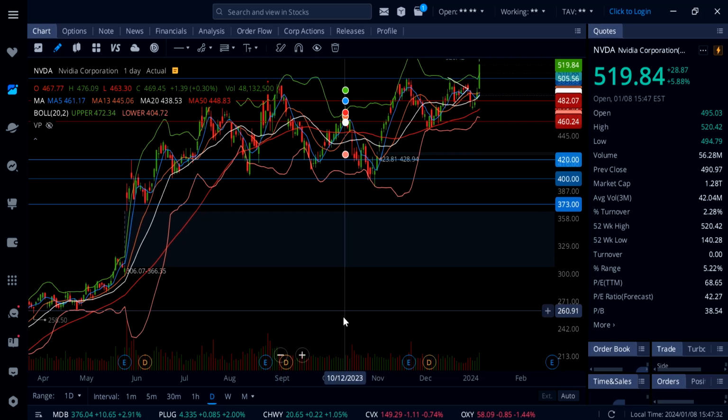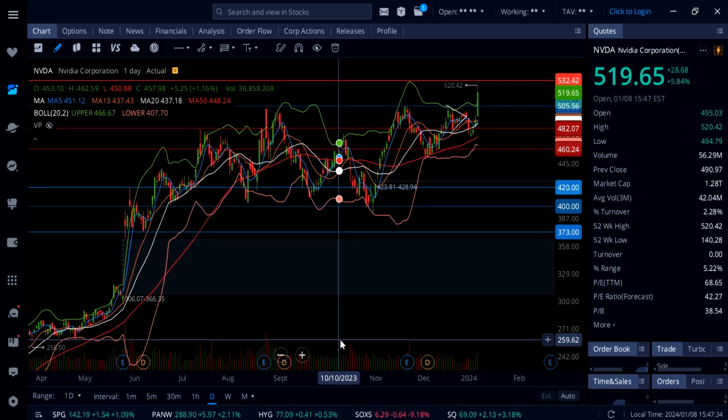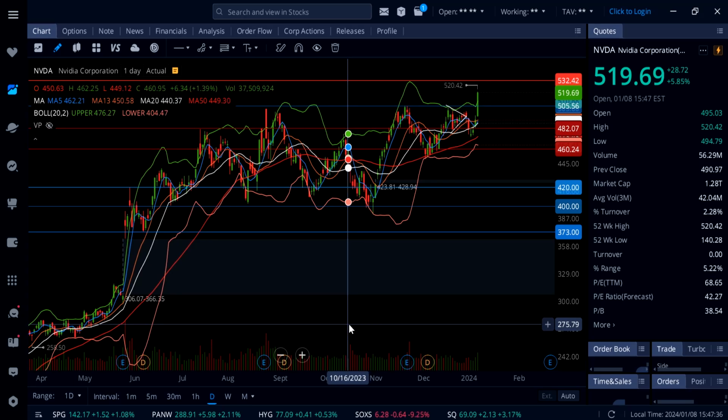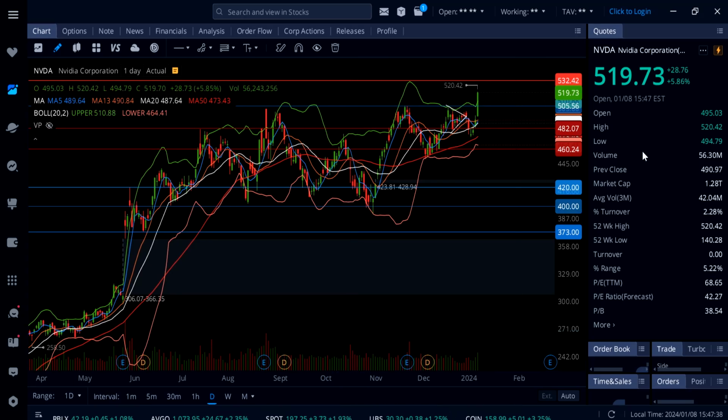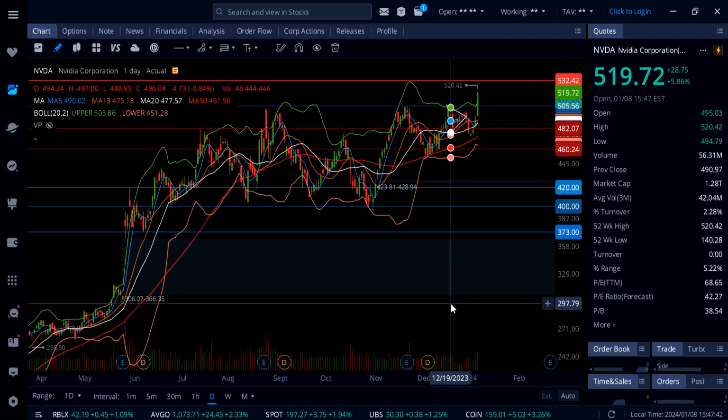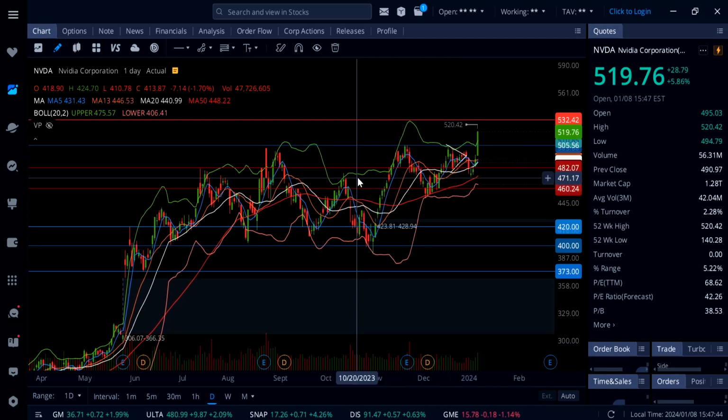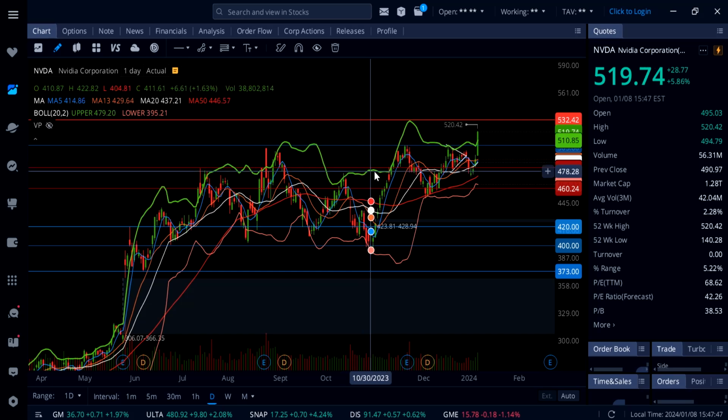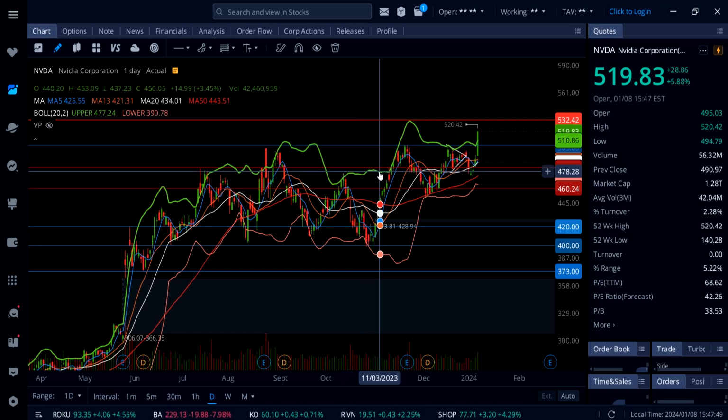And this thing is pumping even more today to a fresh new all-time high. Look at this, guys, 520. If you look at my screen, it's getting far too overextended to the upside. Upper Bollinger Band sitting at 510, and the stock itself trading at 520.